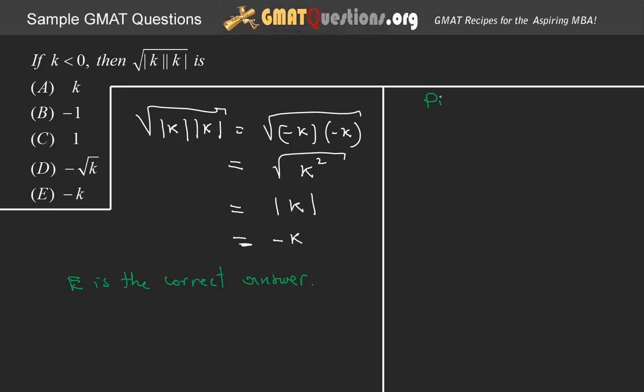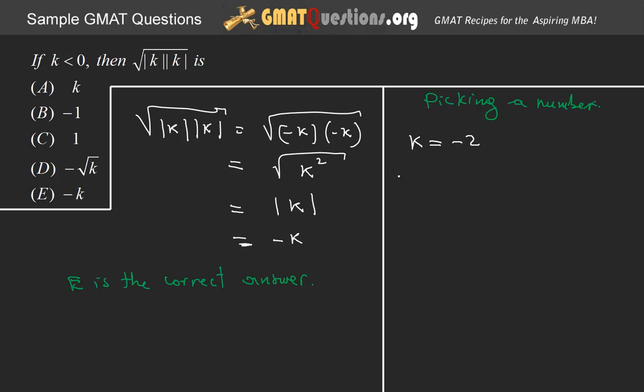Let me change color here. We're going to pick, for example, k equal to -2. Let's avoid -1 a little bit. Let's take -2 as k being negative.